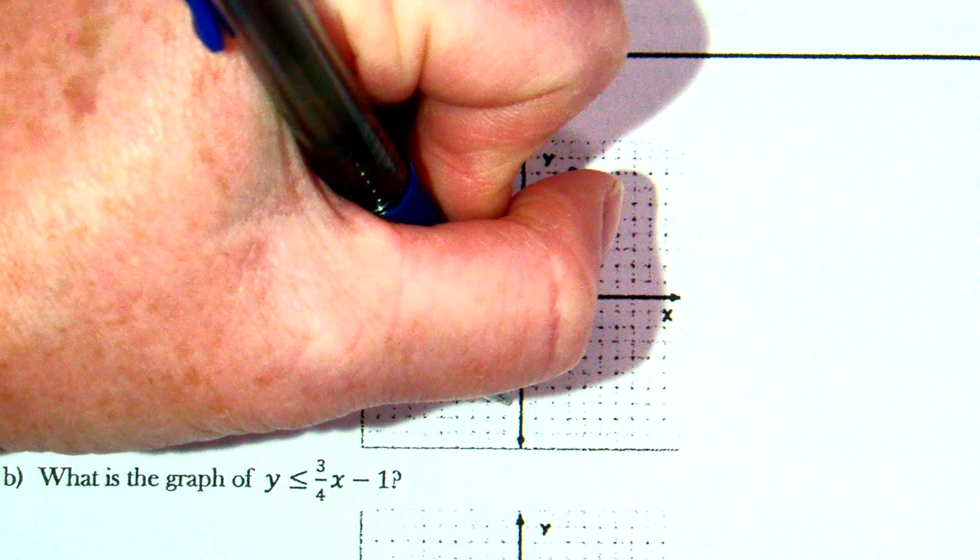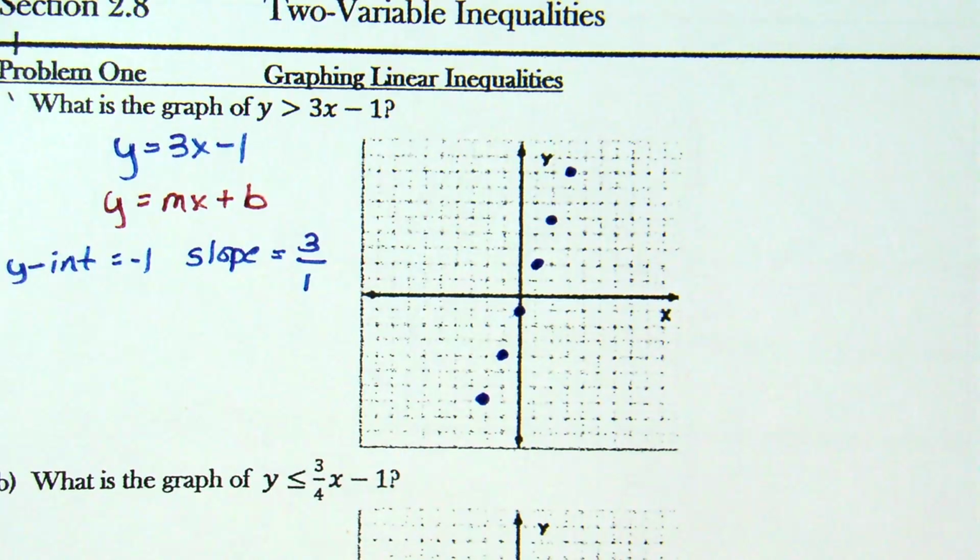What do I have to ask myself as I connect my dots? Jacob? I know it's something with like connected or not. Okay. I use the phrase, is it a dashed or a solid line? So, dotted line, dashed line, whatever, however you want to phrase it.